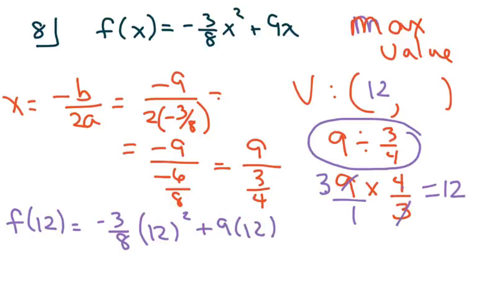Again, I'm doing this in my head. So it's negative 3 times 144 over 8 plus 108. Does 8 go into 144? Maybe I should get the calculator out, because I don't want to make a mistake on this. 144 divided by 8.